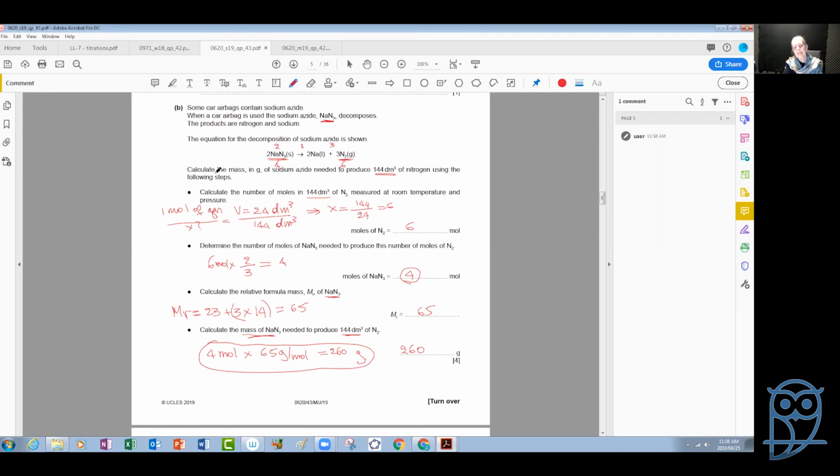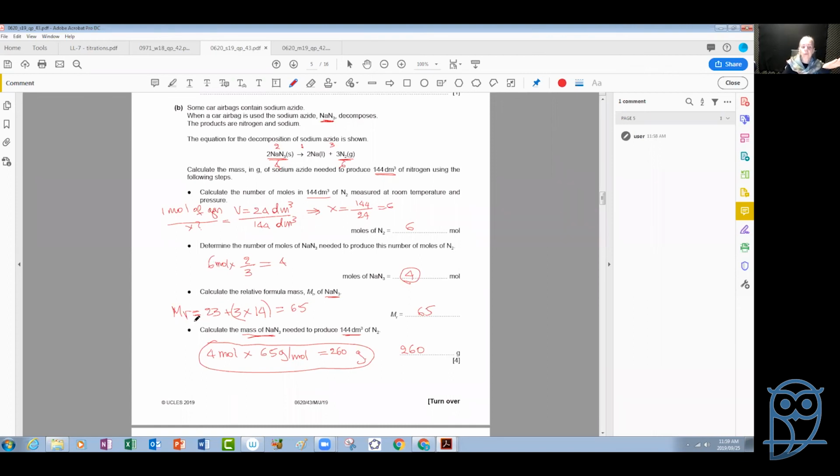So you see, this is another question that asks for a mass, but they guide us step by step on how to go about it, which makes it actually easy. We just need to know basic things, like that 1 mole of gas at room temperature and pressure occupies the same volume, 24 cubic decimeters.